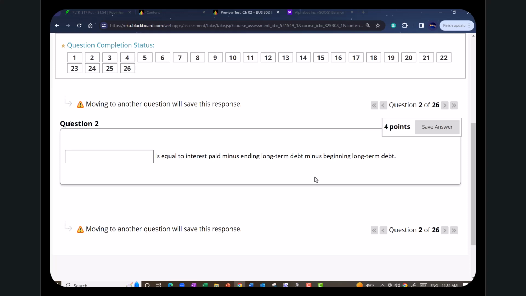Ending debt minus beginning debt. It's how much new money you borrowed, right? So interest payment minus how much money you borrowed is the cash flow to creditors. I'm just gonna write CFTC.